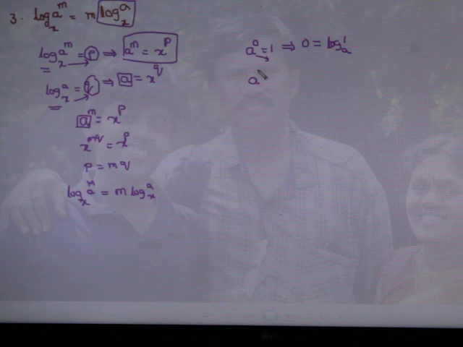In the same way, a power 1 is equal to a, so 1 is equal to log a, and this becomes base a. Log of anything to the same base is 1. Log a base a is 1, log m base m is 1. Very important, these three. And the previous two derivations are most important.